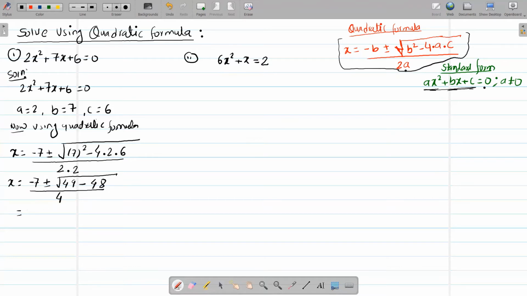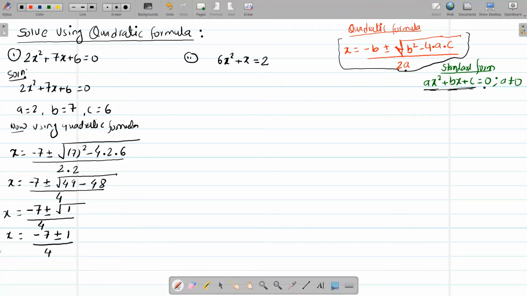Now again, negative 7 plus or minus the square root of what? 49 minus 48 is 1, over 4. Again, x is equal to negative 7 plus or minus the square root of 1, which is 1, over 4.